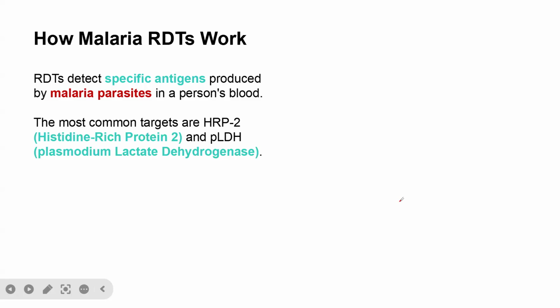Some of the common antigens produced by the malaria parasite during infection are histidine-rich protein 2, and also Plasmodium lactate dehydrogenase. These are the proteins or specific antigens produced by malaria parasites during infections, and it is these antigens that are detected by the RDT kits.